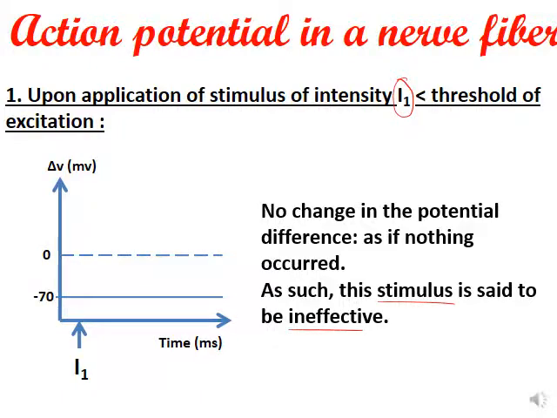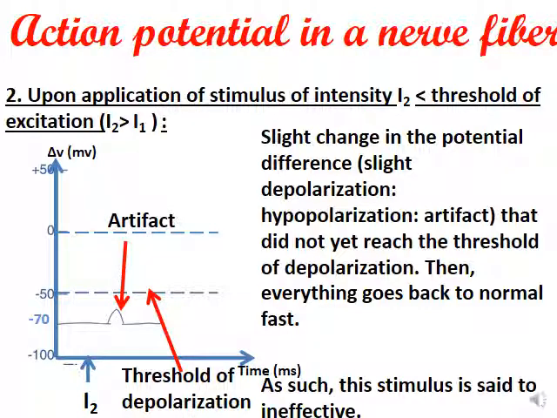While applying intensity I2, which is also less than the threshold but greater than I1, we have a small increase in the potential difference, but it didn't reach the threshold of depolarization. Here it's called artifact, or hypopolarization. It didn't reach the threshold, so everything will go back, and this stimulus is said to be ineffective.